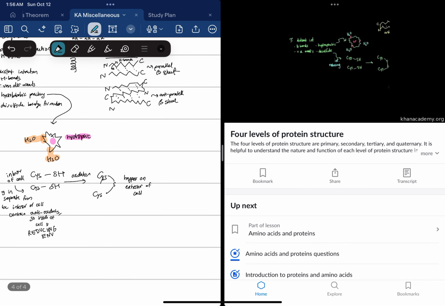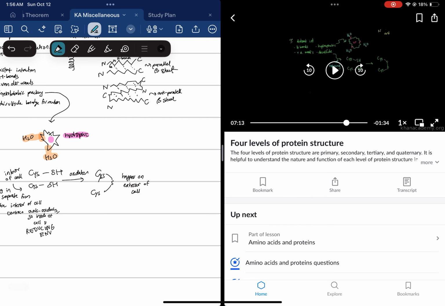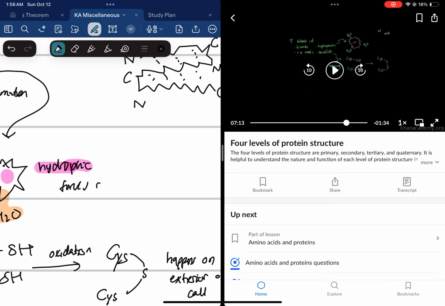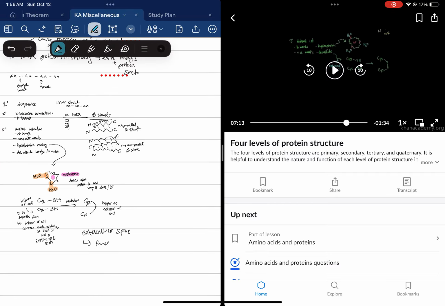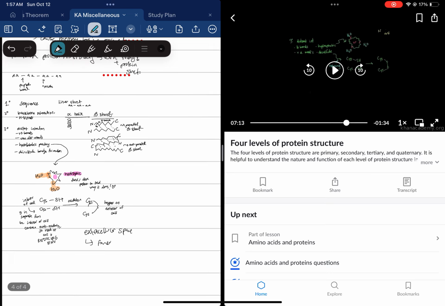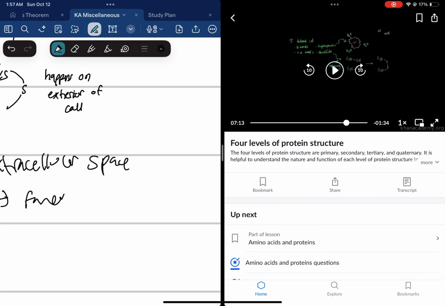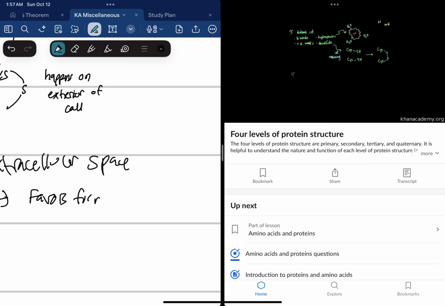Then there is one final level of protein structure, and that is called quaternary structure.